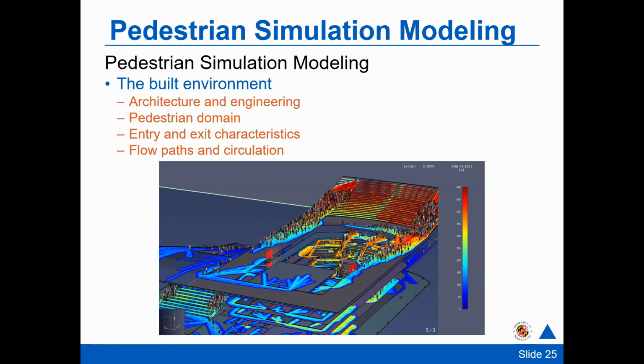What is the pedestrian domain? What is the front of house? What is the back of house? What is occupant behavior within these spaces? How are they going to respond to each other, to the different building systems, to the intended occupancy use of the space, a number of different parameters to be aware of. And especially on top of that, understanding some of those flow paths, circulation bottlenecks, things like that. So we're going to talk a little bit more in detail in a case study in just a little bit.